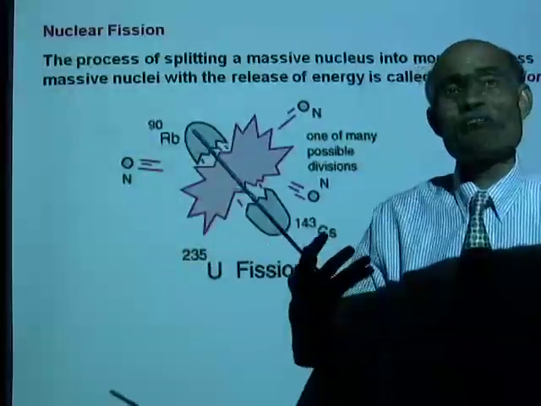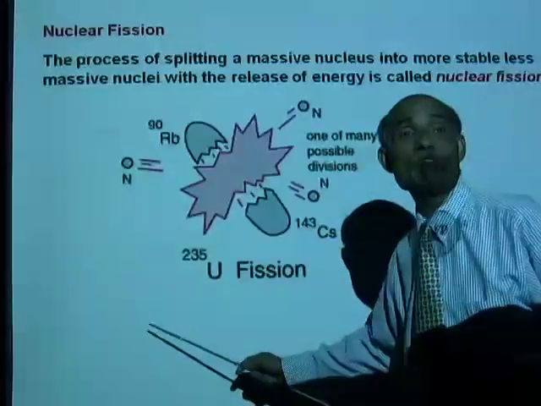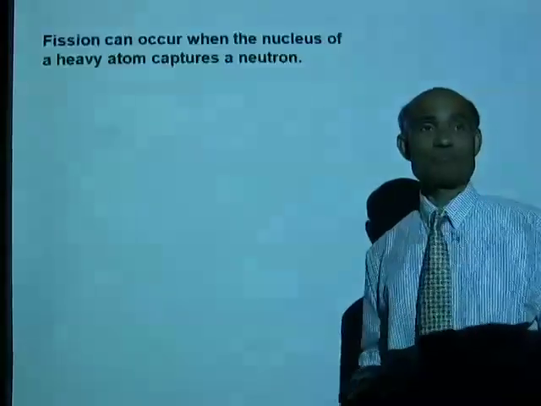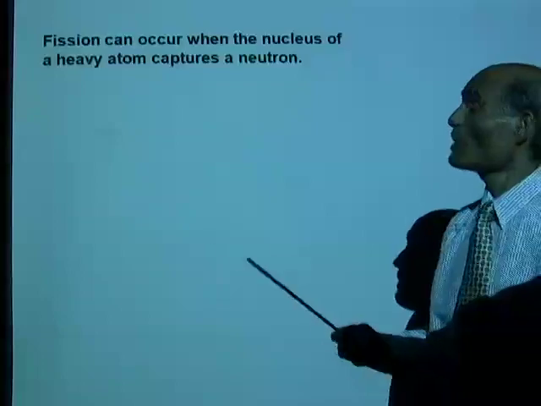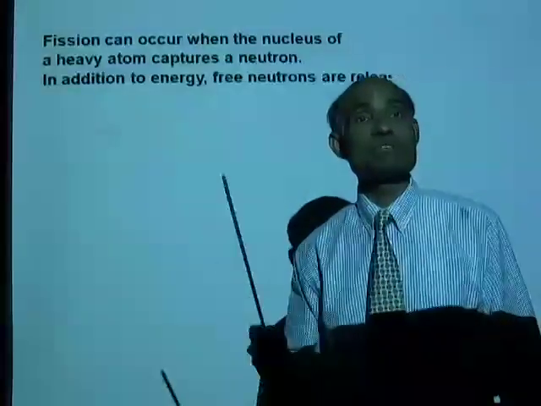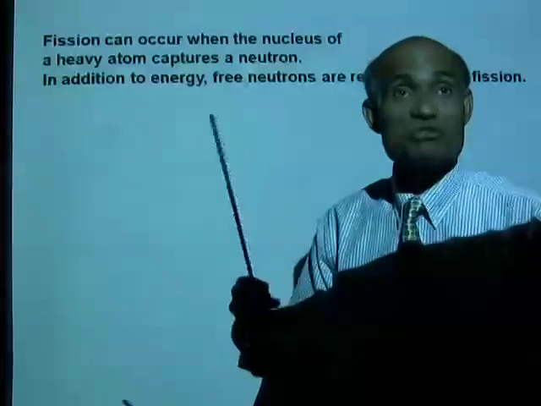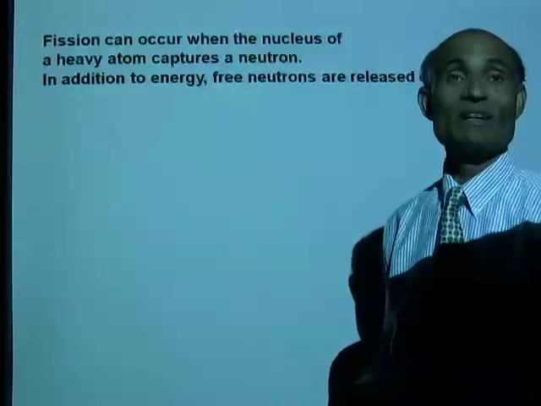Uranium-235 is called a fissionable material. It is capable of undergoing fission after absorbing a neutron. So fission can occur when the nucleus of a heavy atom captures a neutron. In addition to energy, free neutrons are also released during the fission.